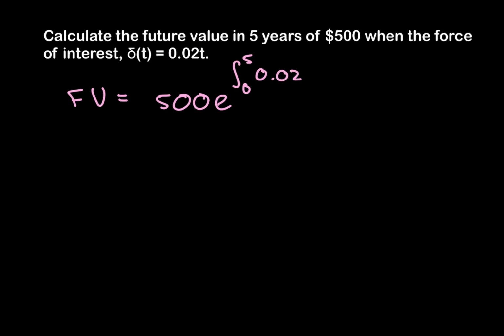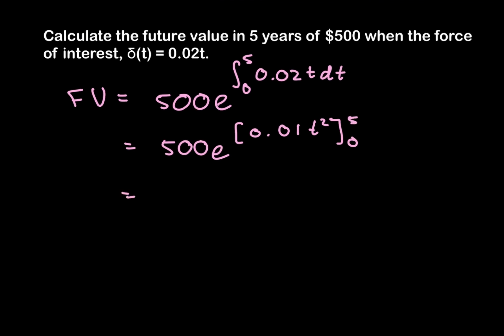0.02 t dt. And if we do that, we get 500 times e to the integral from... okay, I can actually solve this integral now. 0.02 t squared over 2, but 0.02 over 2 is just 0.01, and we're integrating that from 0 to 5.